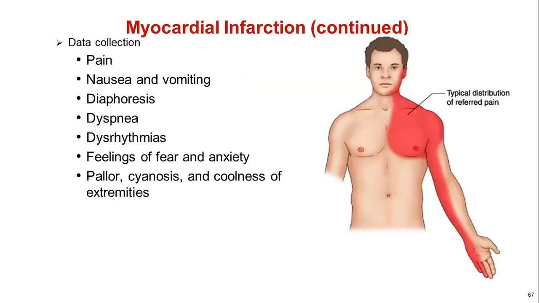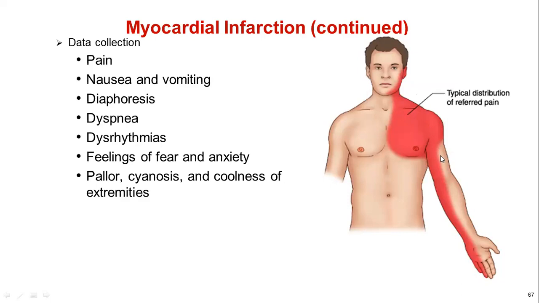In this picture, we already discussed the signs and symptoms of myocardial infarction, right? So the nature of the pain starts from the apex beat or fifth intercostal space just below the nipple, but it radiates to the left jaw, left shoulder, and left arm.